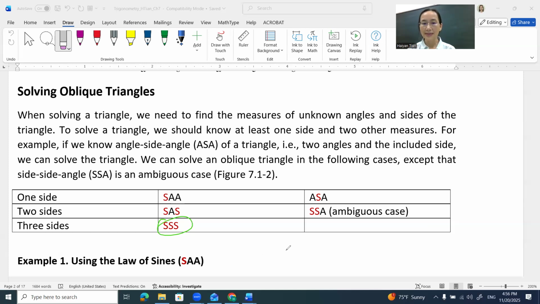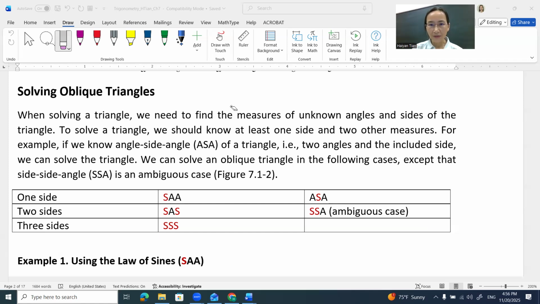If we know three sides, what are we looking for? We're looking for three angles. That means we only know the side lengths of the triangle, but we don't know any of the three angles. So in the last situation, given three sides, we're looking for the unknown angles of a triangle. So these are just different situations when we try to solve.